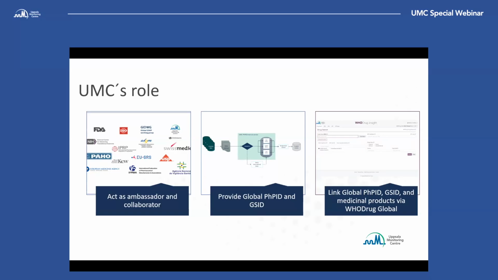And one big part here, we provide a global PhPID and GSID as a maintenance organization, as I said. And on the next slide, I'll get back to a bit more on how we assign these and some details about that.